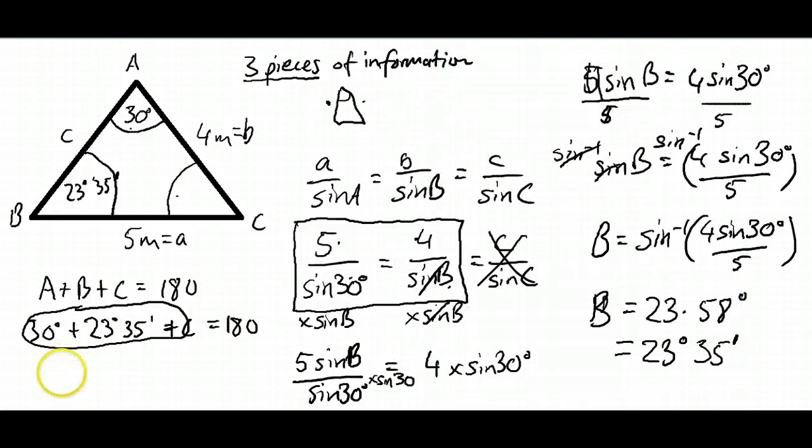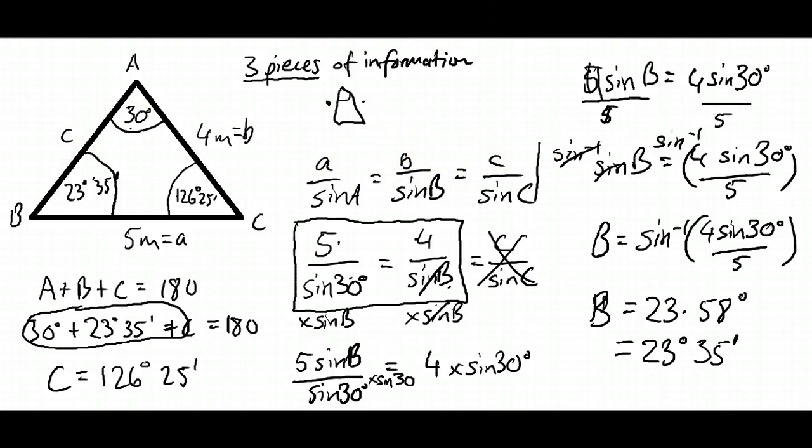So C equals 126 degrees and 25 minutes. So I can write that in here, 126 degrees 25 minutes. Alright, now I've got those three angles, I can easily solve for this side C using the sine rule.